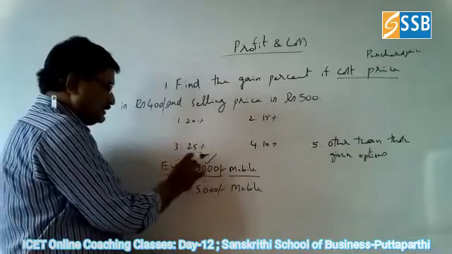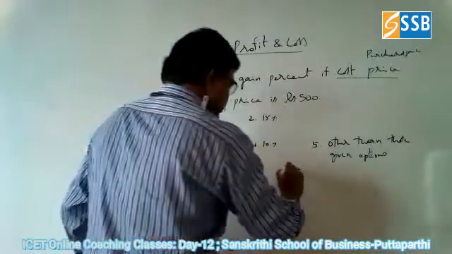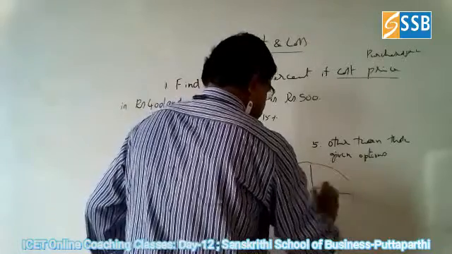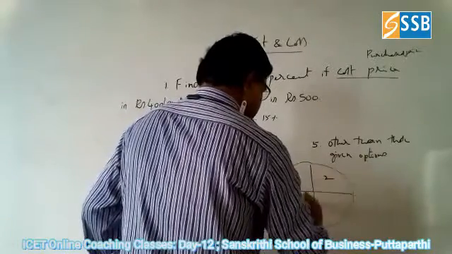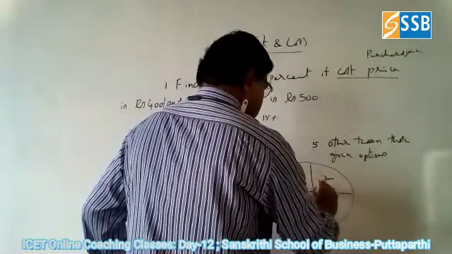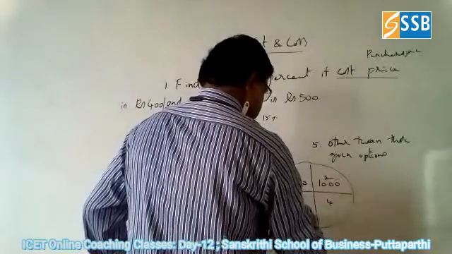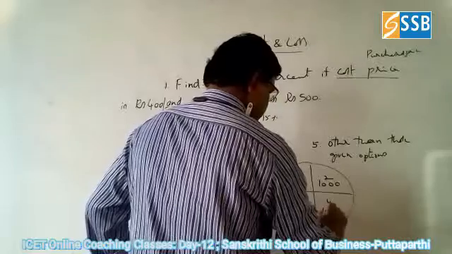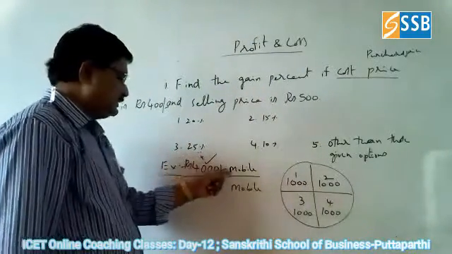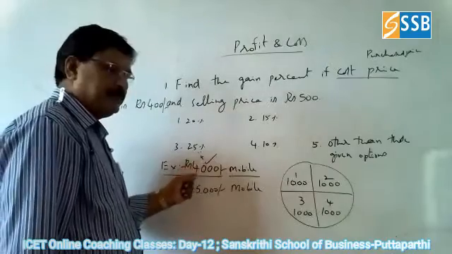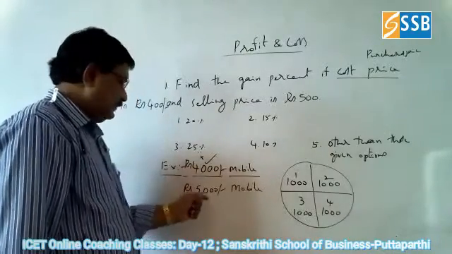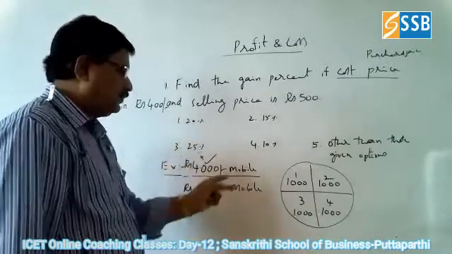Okay. So simply speaking, 4,000 divided into 4 parts. First part, second part, third part, fourth part. Each part consists of 1,000 rupees. So person X purchased a mobile for 4,000 rupees and he sold for 5,000 rupees. So this 4,000 I make it as 4 parts.